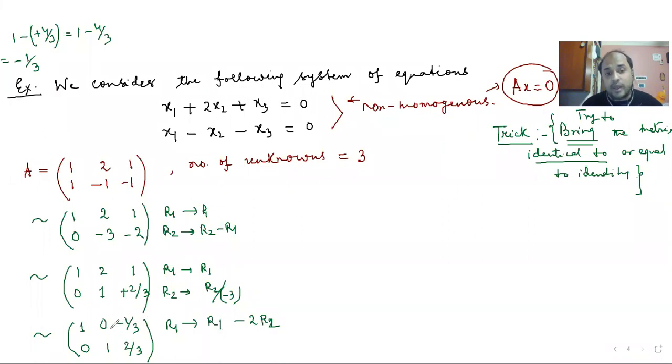But keep in mind, when we are dealing with a system of equations, we shall always try to use row operations and not column operations. There are some reasons for doing this.